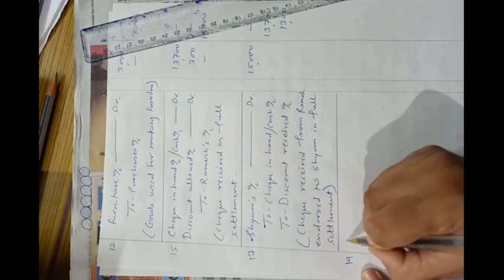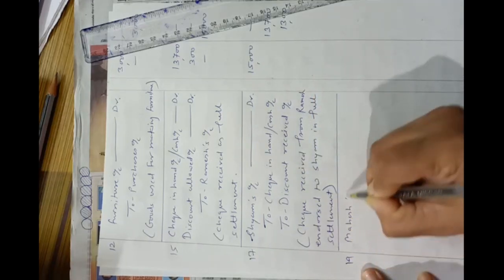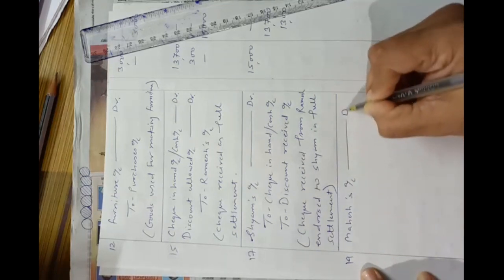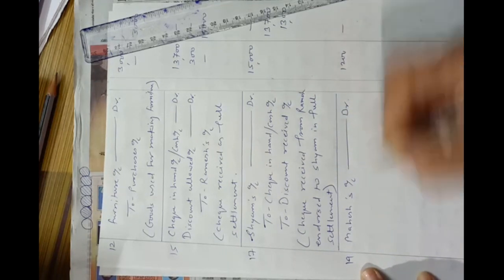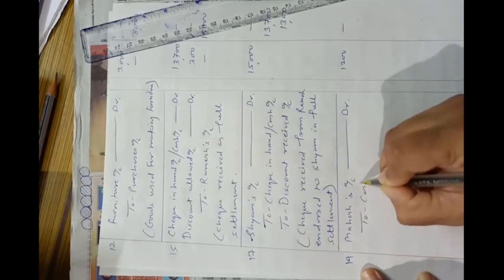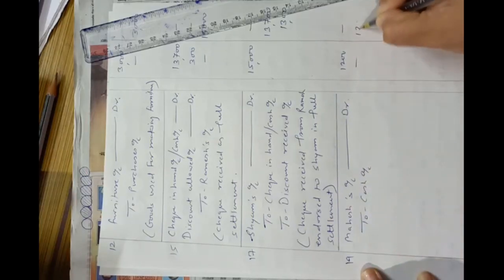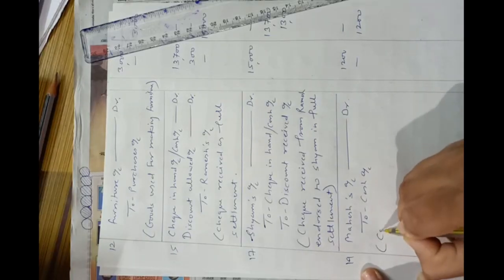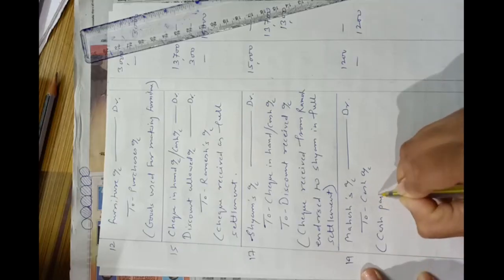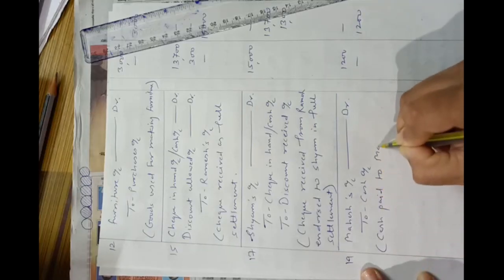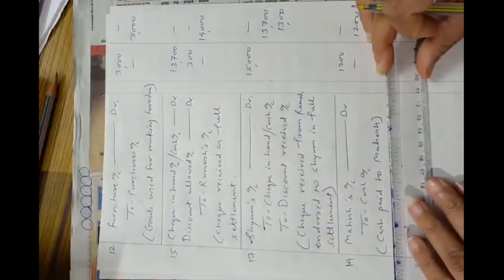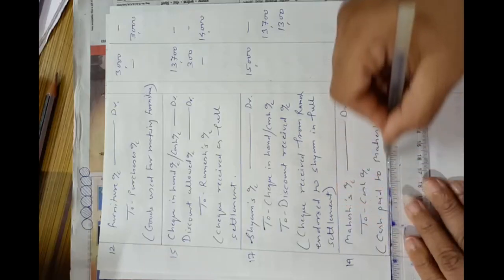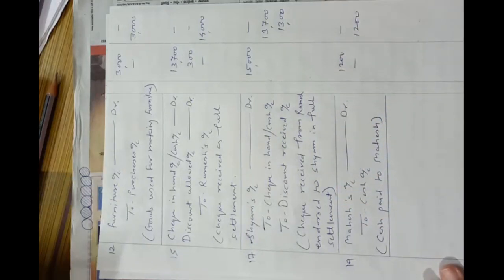So Mahesh account debit 1,200 to cash account 1,200, and narration is cash paid to Mahesh. We can also say part payment made to Mahesh.